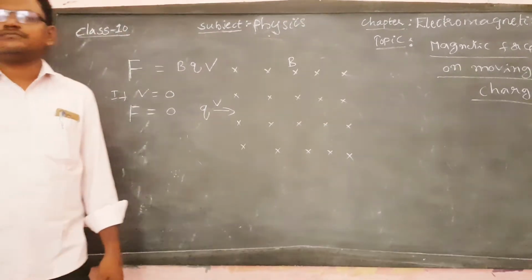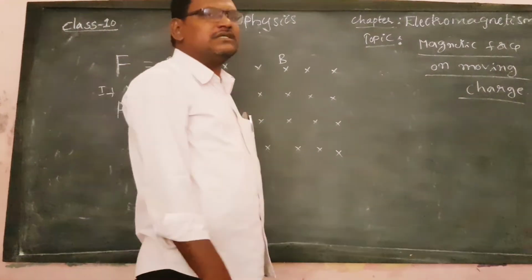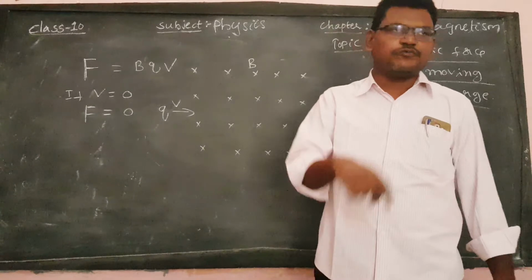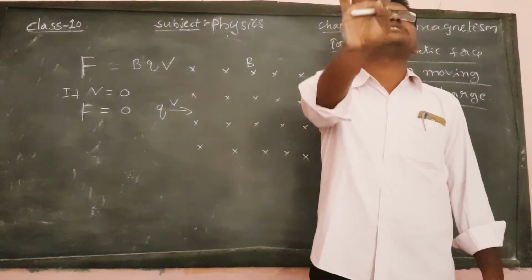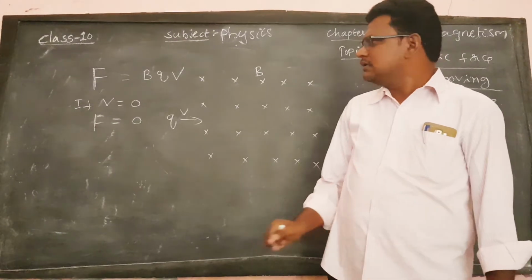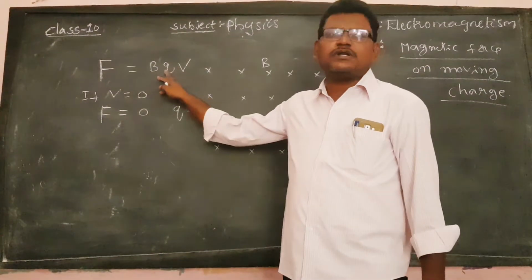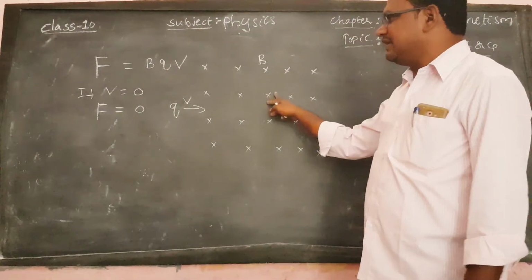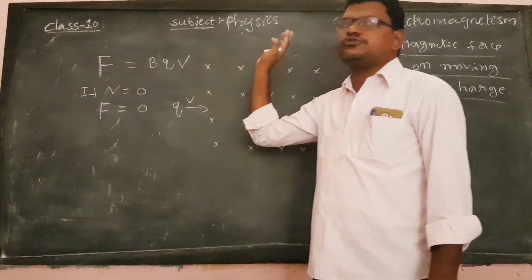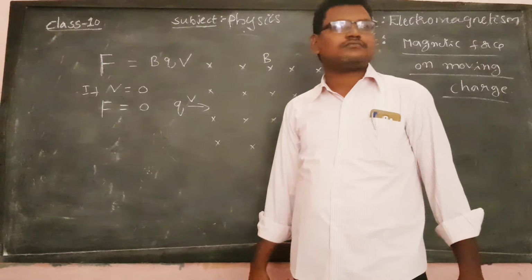That means external magnetic fields can exert a magnetic force on moving charged particles only. If the charged particle moves perpendicular to the magnetic field, then the magnetic force acting on it is F equals BQV.